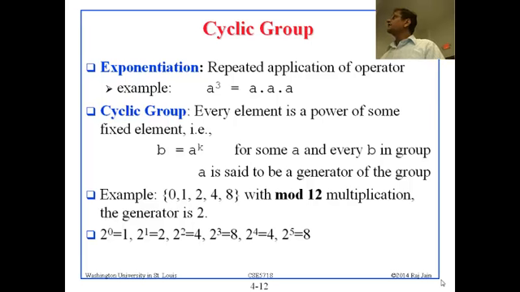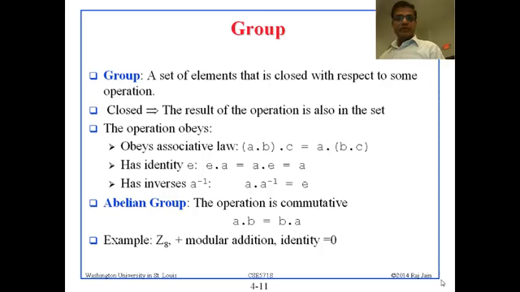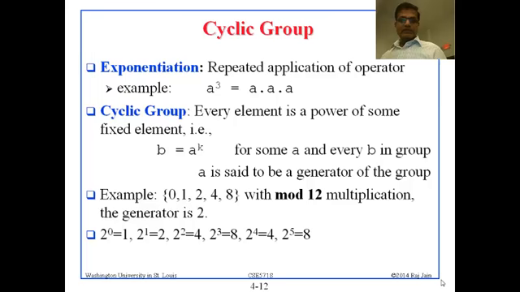Now let's see. Is the power some fixed element? I mean, we could make it minus infinity, but I don't think that is what they mean here. 2 raised to minus infinity is 0, but I think everything that we have said so far is satisfied by 1, 2, 4, 8.